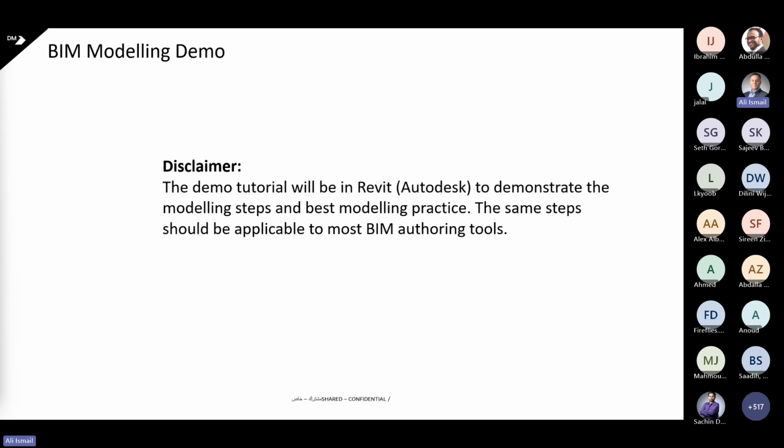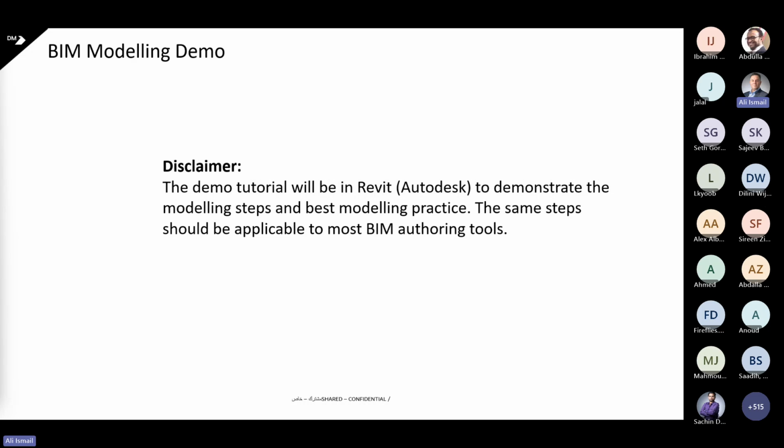So this was the first part of the workshop today. Now we will move to the BIM modeling demo, which will take you through the detailed steps of how to prepare the BIM model.